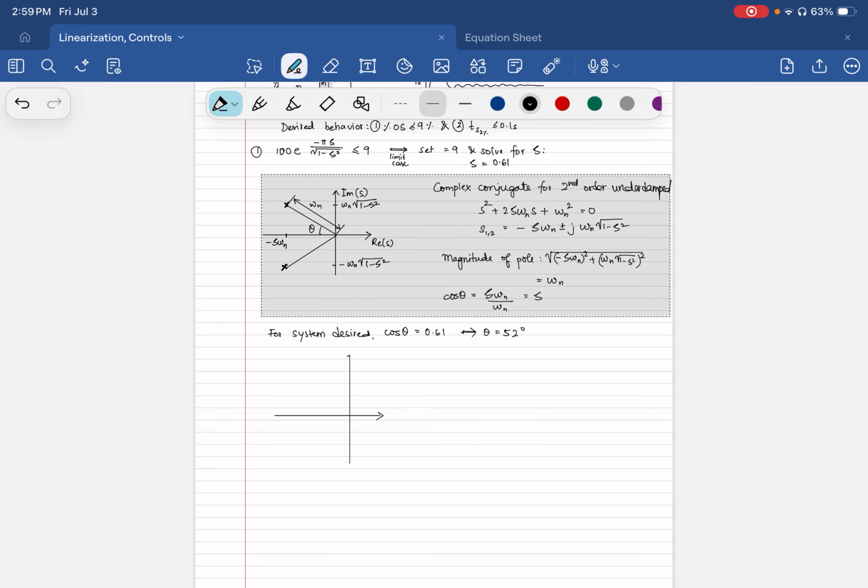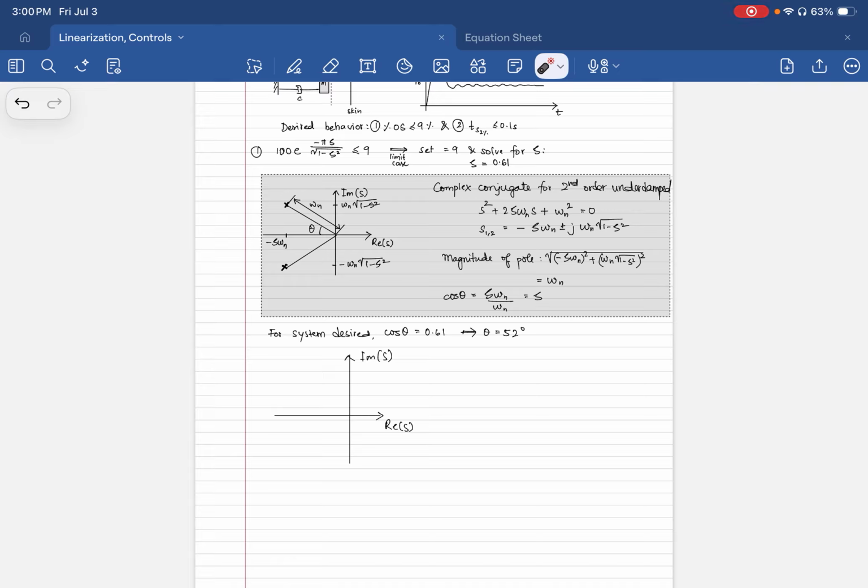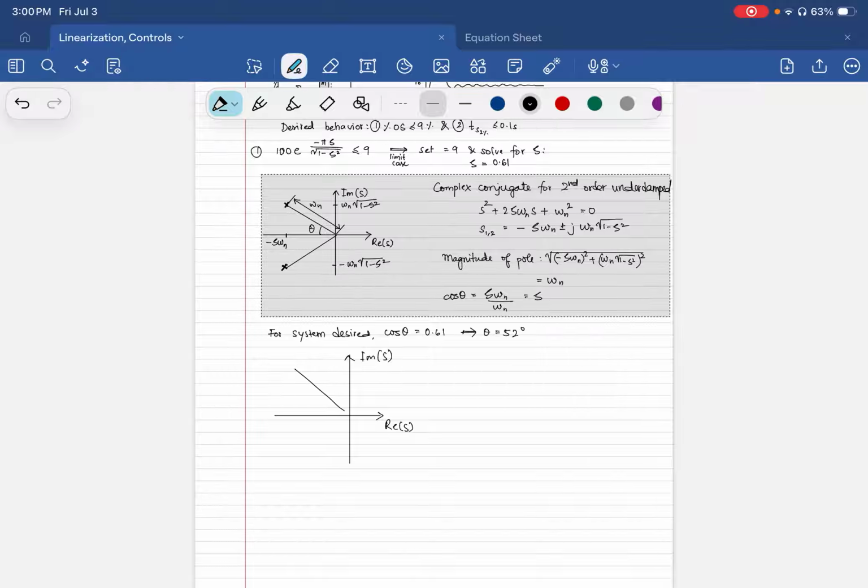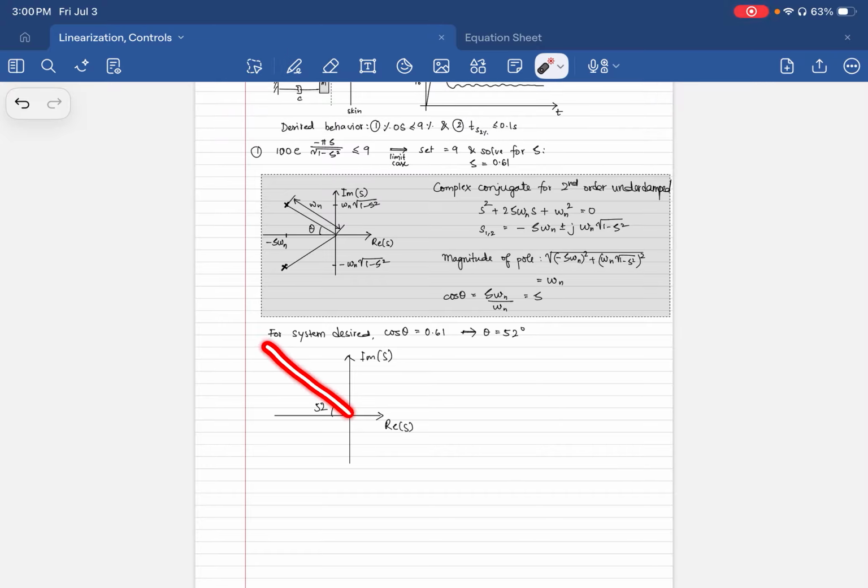We have real part of S, imaginary part of S, and for the limit case, we have zeta is equal to 0.61, cos theta is equal to 0.61, giving us theta is equal to 52. So now we have a ray that extends outwards in this way, which represents the case where we consider this pole.